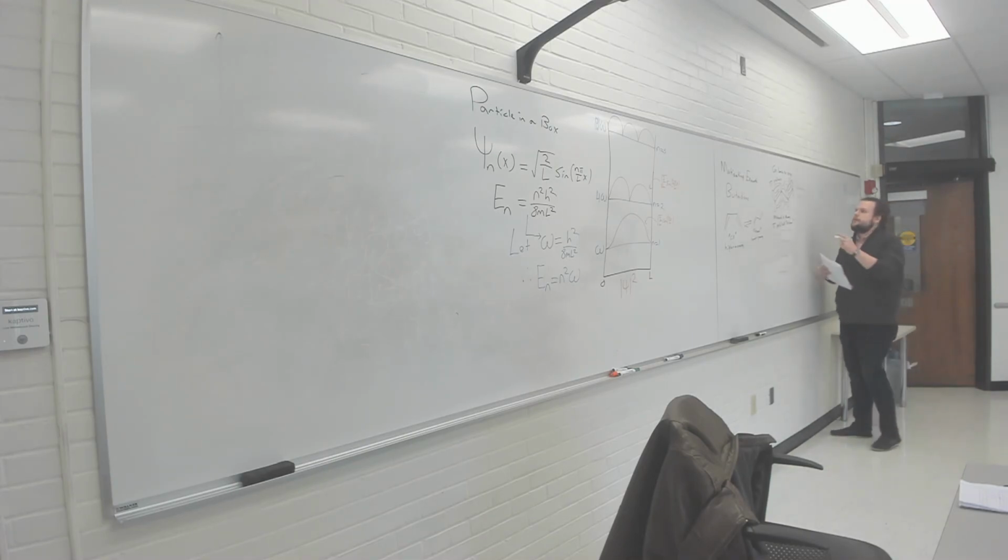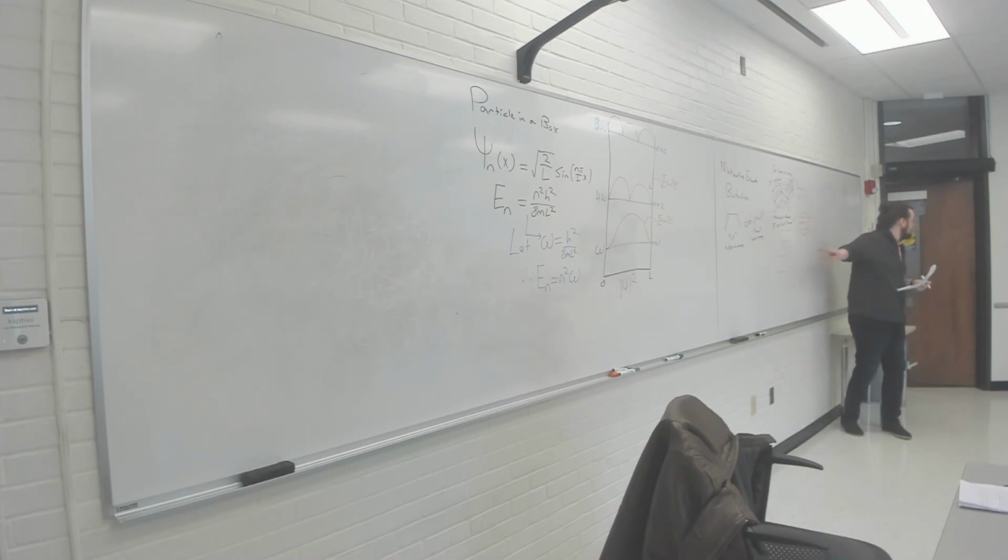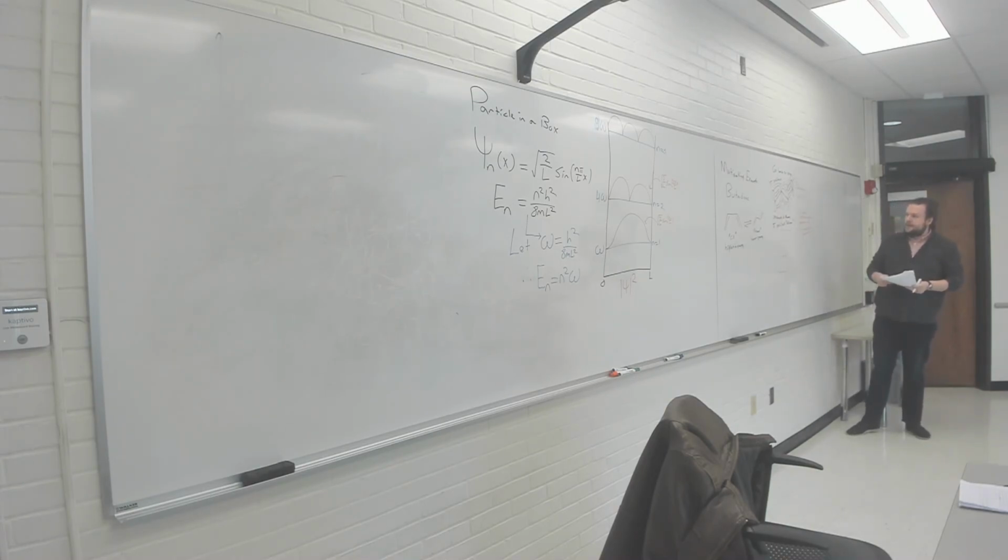You have four atomic orbitals adding together, these p orbitals on the carbons, to form four molecular wave functions. We'll talk about this later in the class, how we construct these. We'll be able to actually calculate this explicitly, but just bear with me for now.